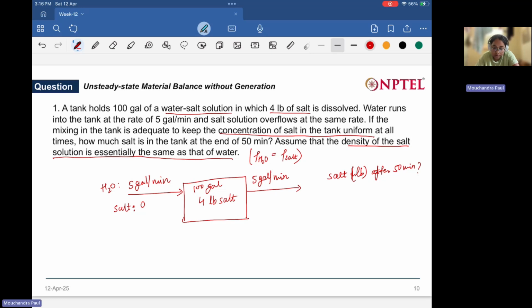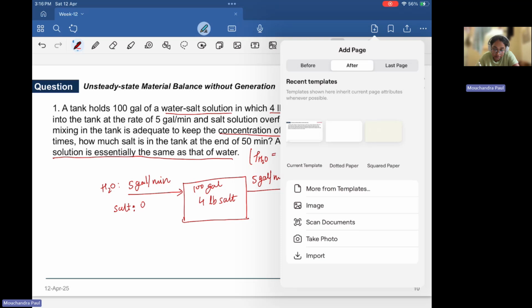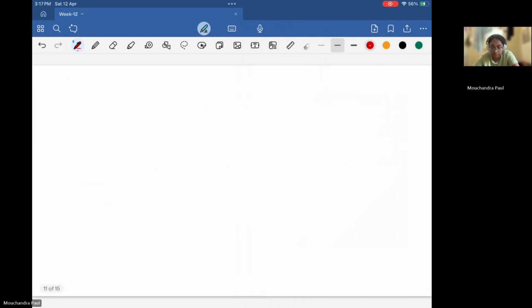So for this particular process, let's assume, first of all, X as the pounds of salt, the mass of salt at time t. Initially at t equals 0, X is 4 pound. This is the initial condition.